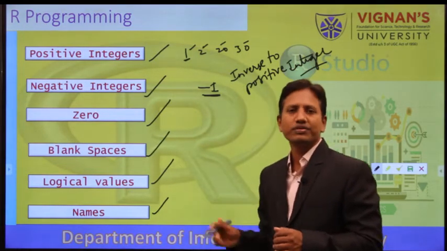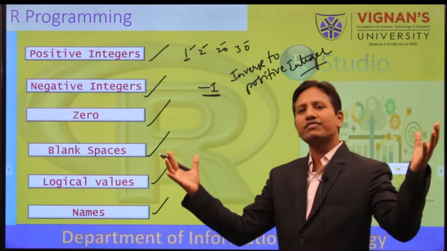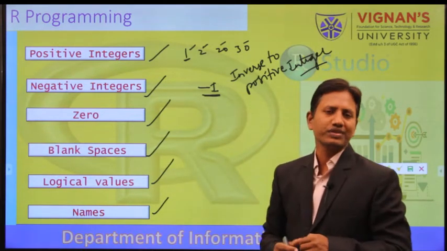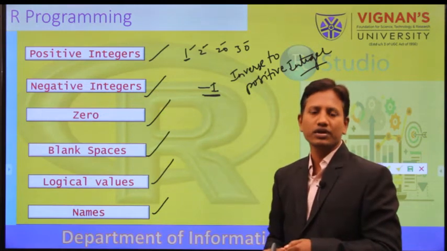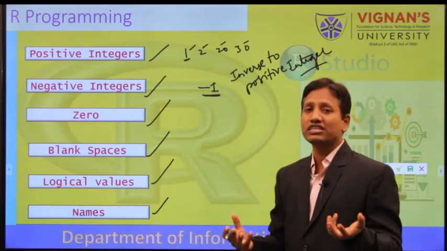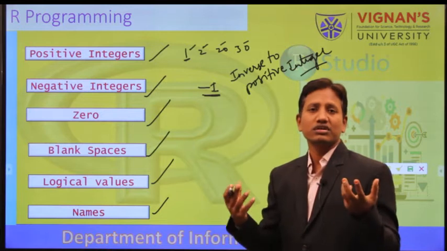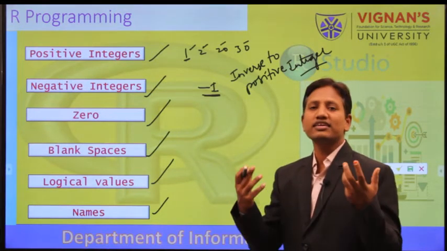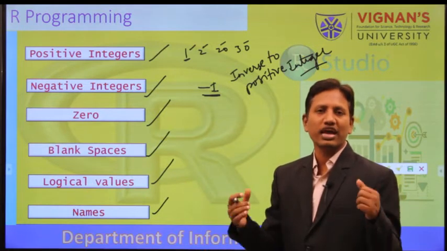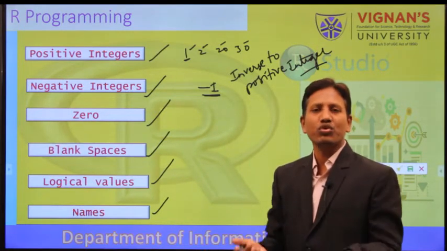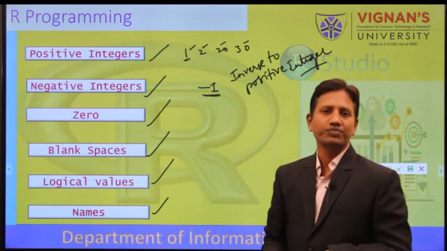When can we use this one? Suppose I have 1000 values and I wanted to drop only 2 or 3. It means that I am going to select 997 values. Out of 1000 values, I am going to select 997 and I am going to leave only 3 values.